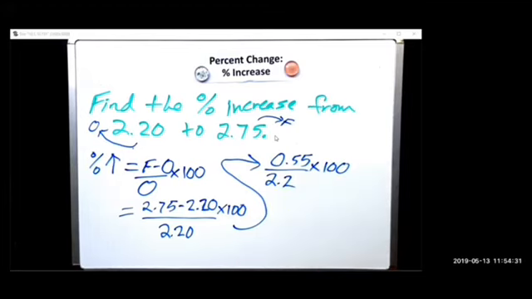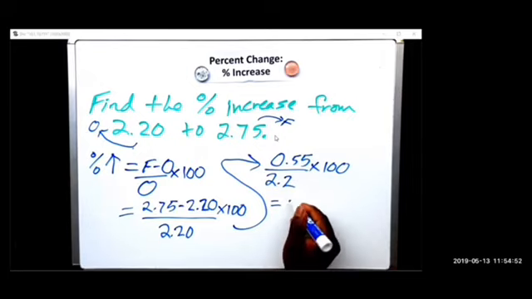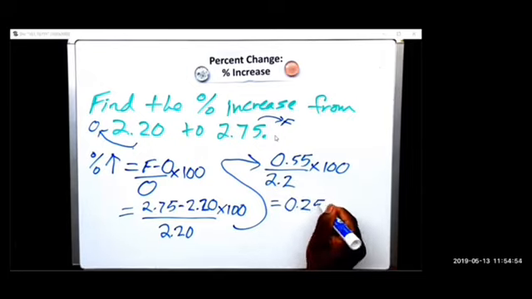Now what matters is how you do your calculation. Now we're going to perform the division. 0.55 divided by 2.2 is going to give us 0.25.